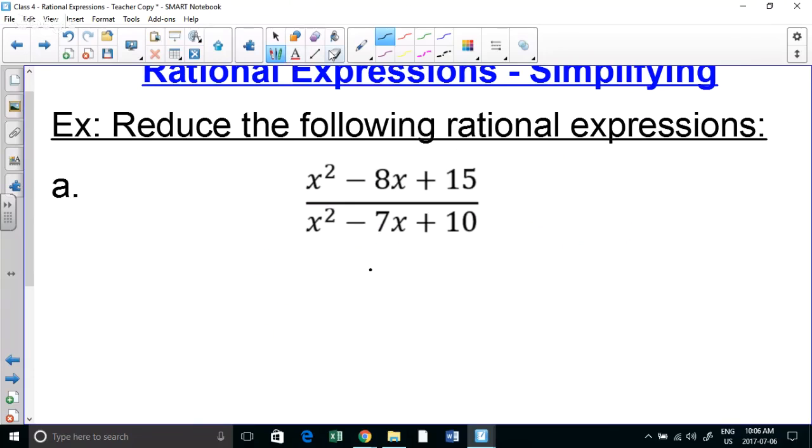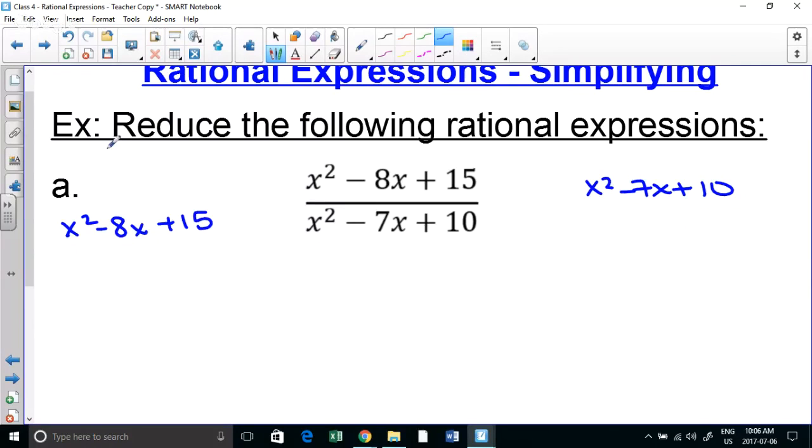Basically on the side, what I'm going to be doing is I'm going to factor each of these things. So I'll work here with x squared minus 8x plus 15 needs to be factored, and x squared minus 7x plus 10 needs to be factored. So this is why I said we're going to get a ton of practice with our factoring.